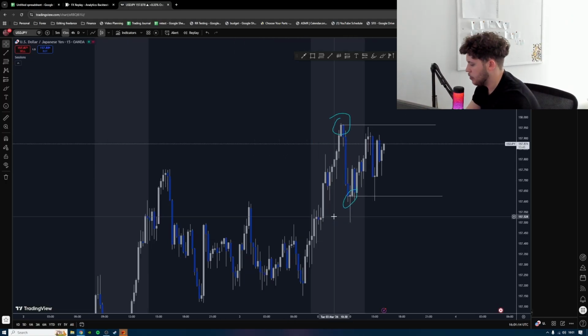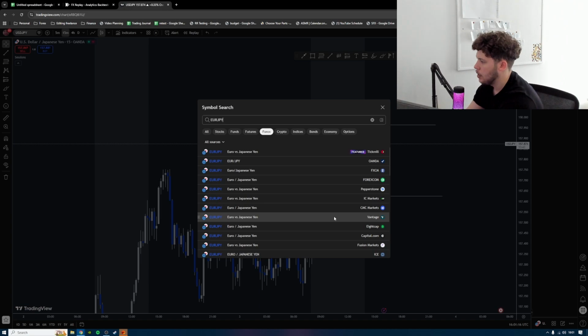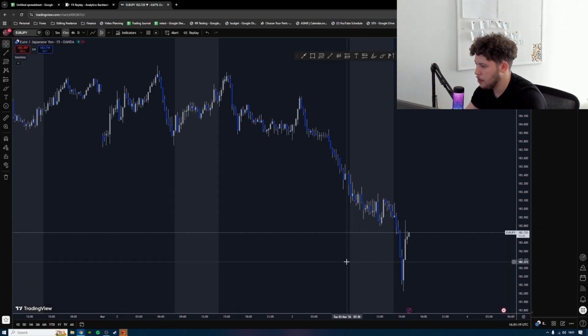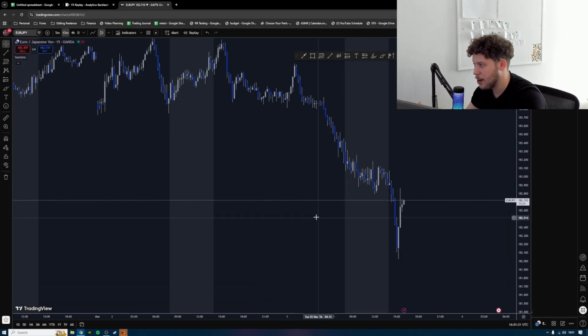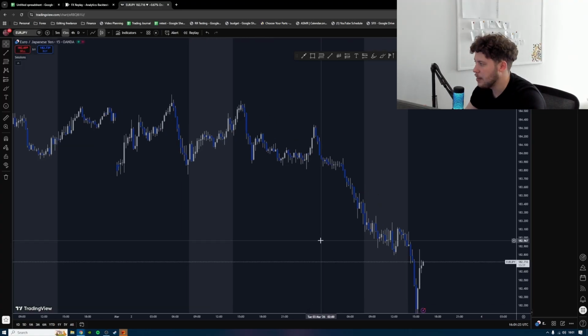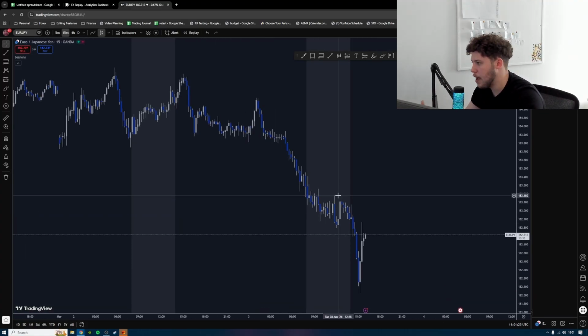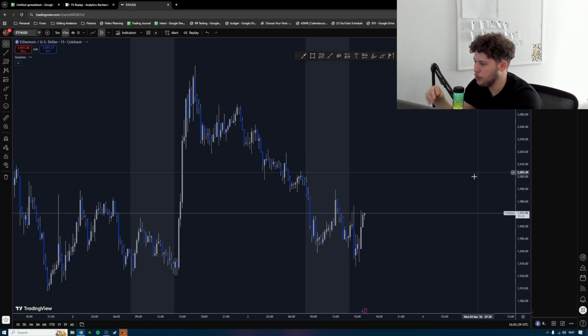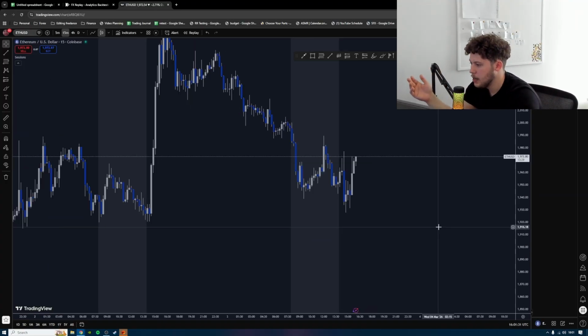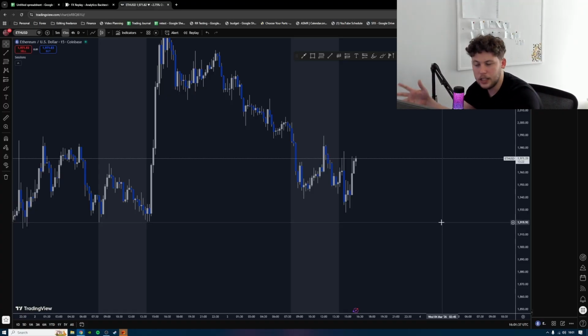So again, if we go to a different pair, might be slightly similar, but again, very downtrend oriented at the moment, just because of everything that's going on in the market. But this doesn't just work across FX. This will work across any pair. And you have to obviously be careful of change of structure, sort of character change.